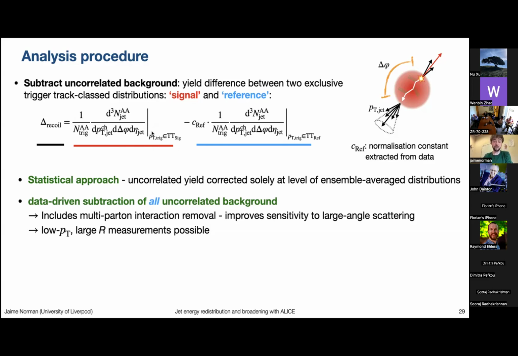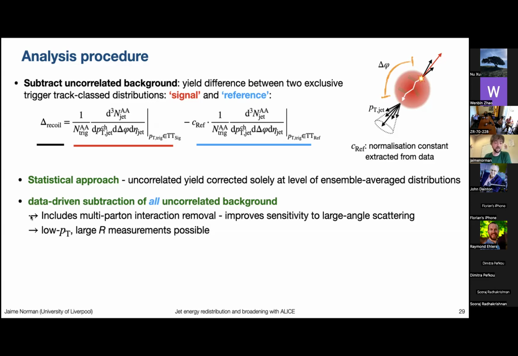So this subtraction provides a data-driven subtraction of all uncorrelated background. This includes removing multi-parton interactions, which improves sensitivity to these large angle scattering effects, and also allows for the measurement of the jet spectrum over the full pT range, which allows for low pT, large R measurements.